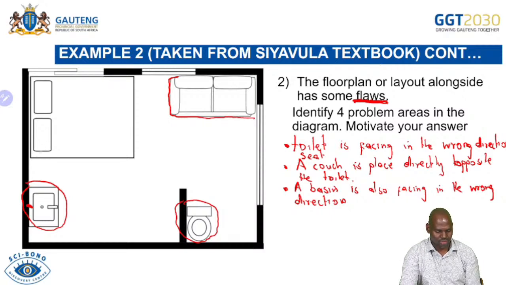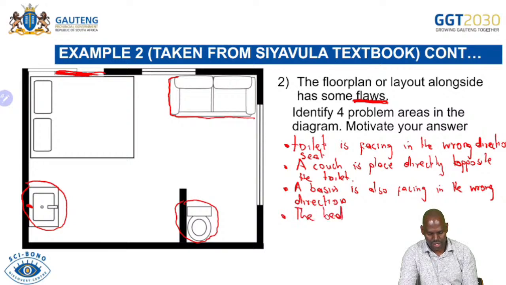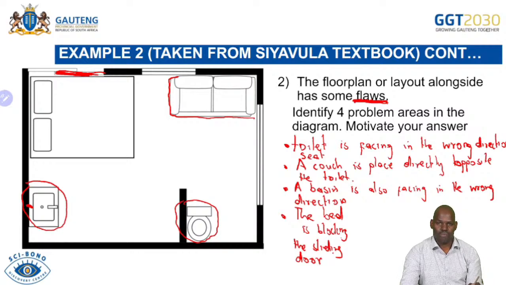Okay, for this one, remember we spoke about the sliding door. Look at the sliding door there. So the next one is: the bed is blocking the sliding door.